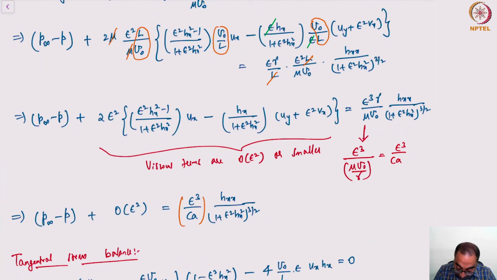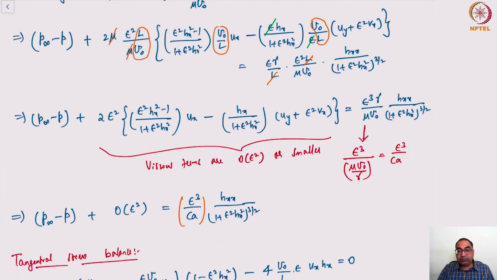If we were to simplify this further, we have uy is equal to, or let's retain this as it is, and we will simplify this equation. Now how do we simplify these equations further? The easiest way to simplify this equation is using a perturbation expansion.